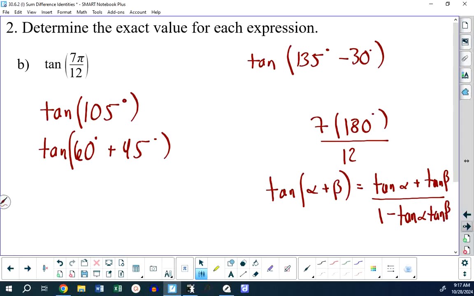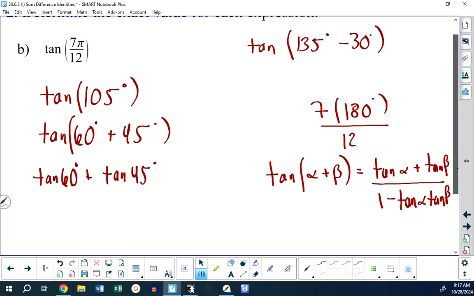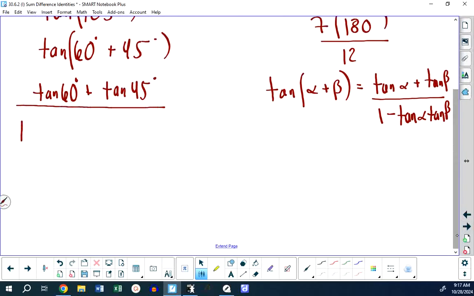So what this is going to be equal to is tangent of 60 degrees plus tangent of 45 degrees over 1 minus the product of tangent of 60 degrees and tangent of 45 degrees. And I would highly recommend, since it's tangent, finding these two trig ratios, tangent of 45 and tangent of 60, off on the side.